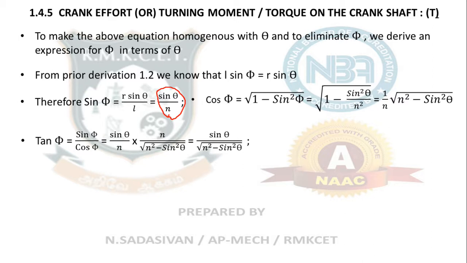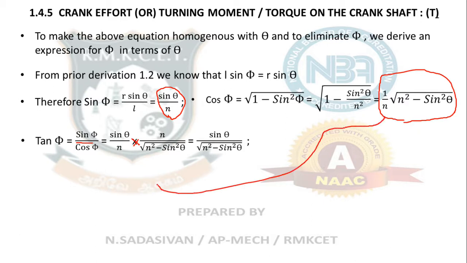In place of sin phi, write sin theta by n. In place of cos phi, write this. Since cos phi is in the denominator, I am taking its reciprocal and multiplying: sin theta by n multiplied by n by root of n square minus sin square theta. Therefore the n and n get cancelled. So tan phi is sin theta by root of n square minus sin square theta.